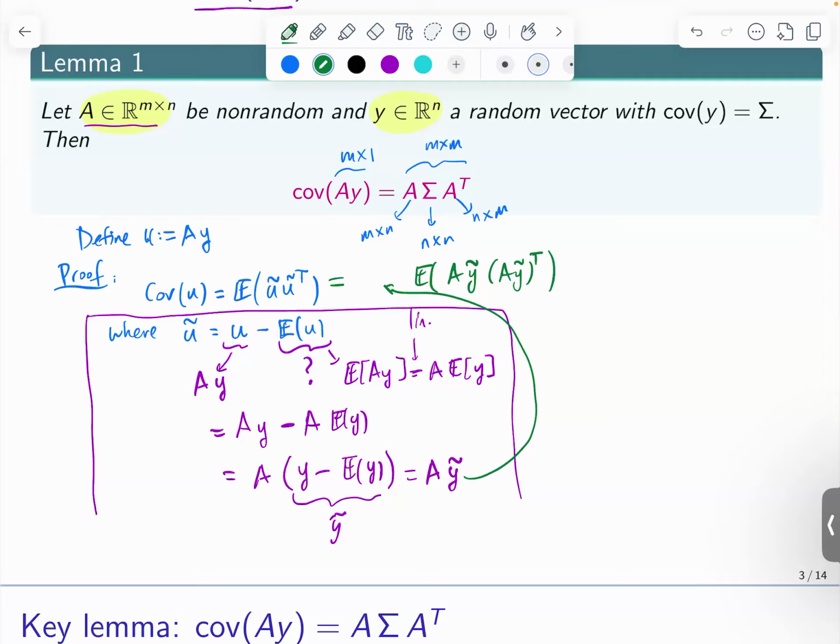So what can I do now? So what is A Y tilde transpose? And then have an alternative expression.